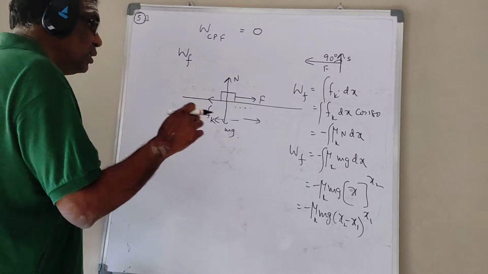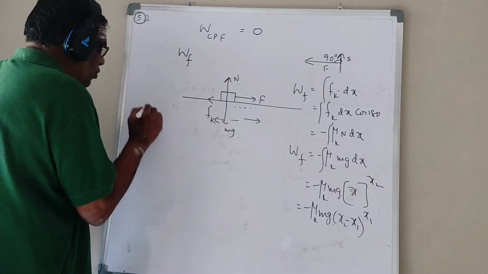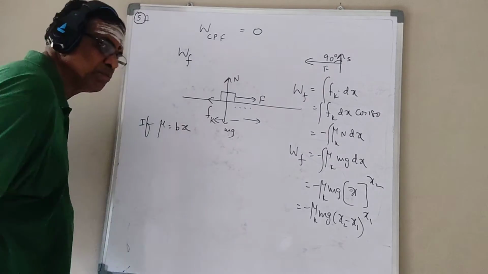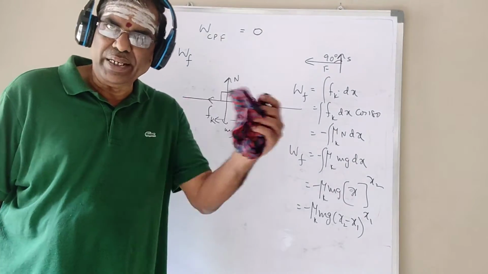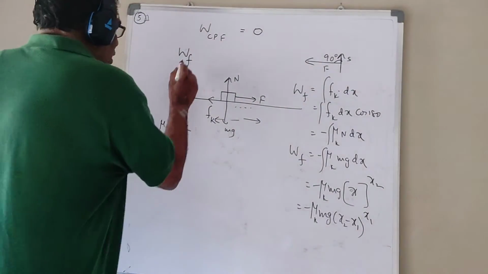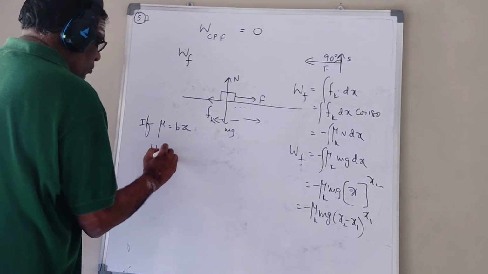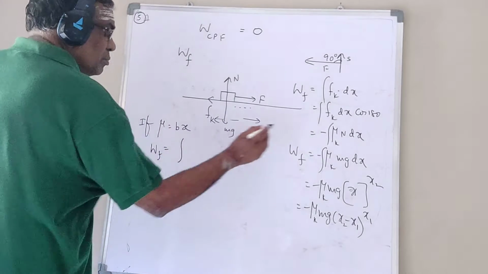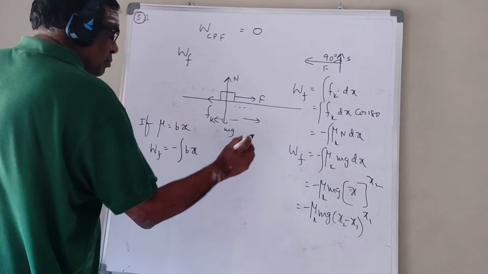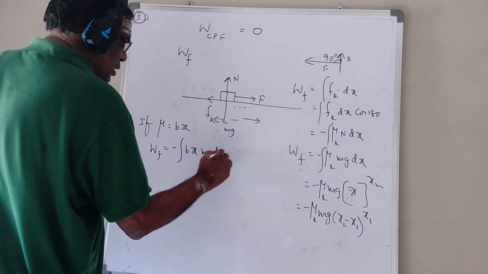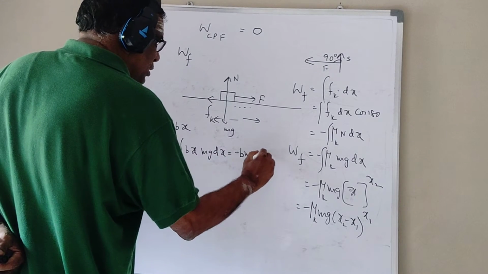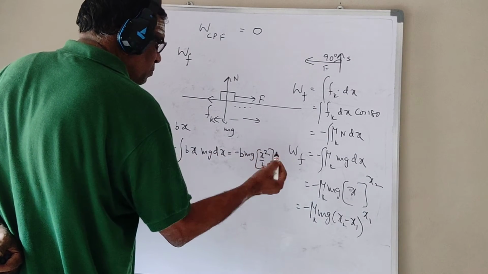Is this okay? Now, if mu itself is equal to bx, mu varies with the surface, with x, it increases. In which case, what is the work done by friction? Integral of minus mu k, which is bx, N is mg, dx, that is minus bmg times x dx, and the integral of x dx is x square by 2.